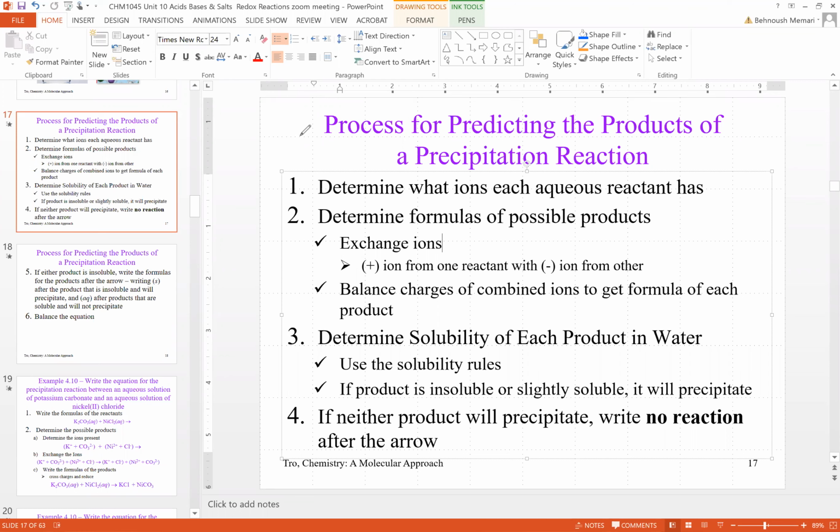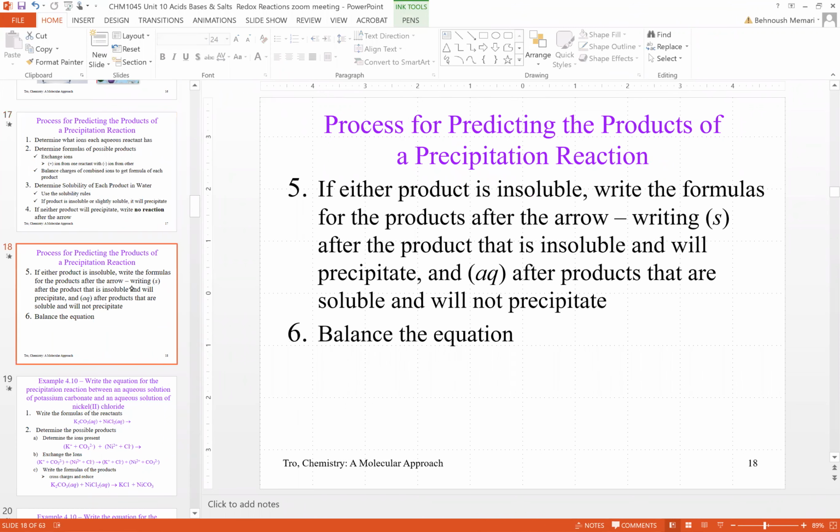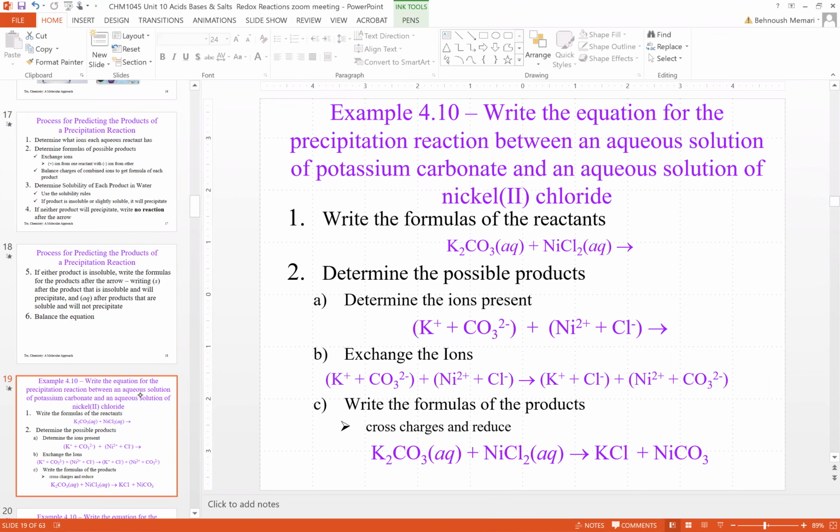And then you have to balance the equation. You just have to be careful to write the products in proper format. So this is an example of a precipitation reaction. You have potassium carbonate and nickel chloride.